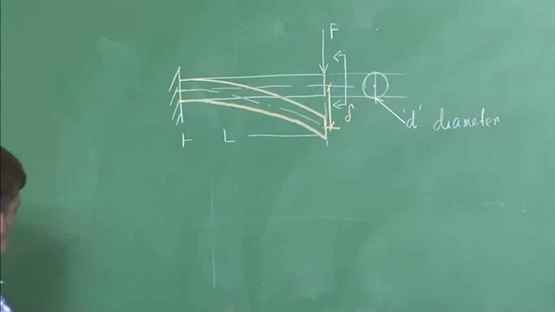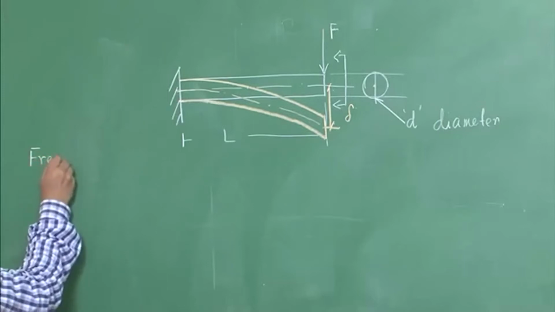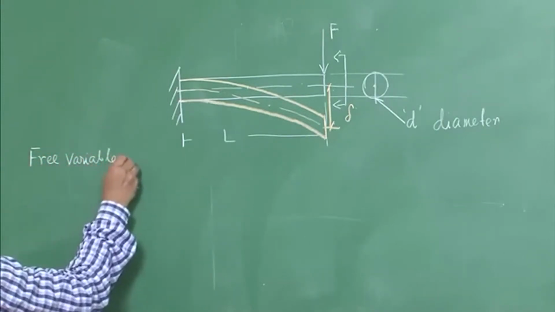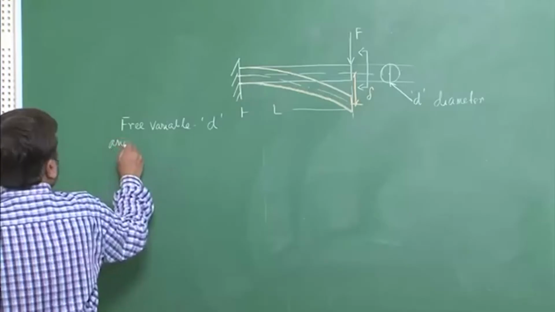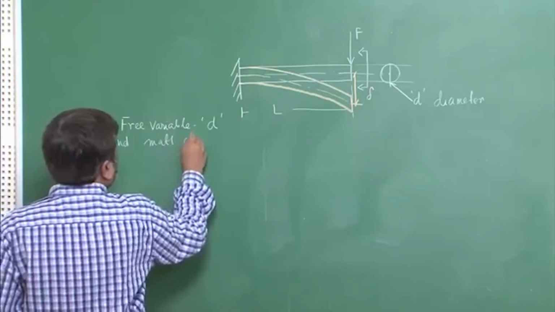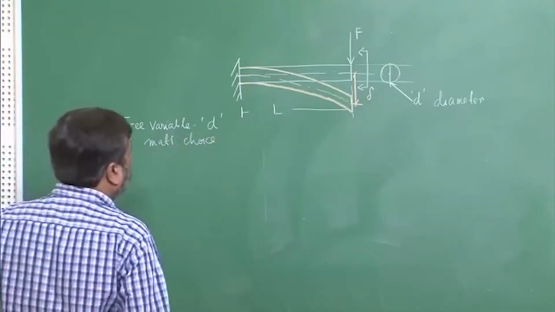So, we can keep in mind that the free variables are d and the material choice. What is the constraint?